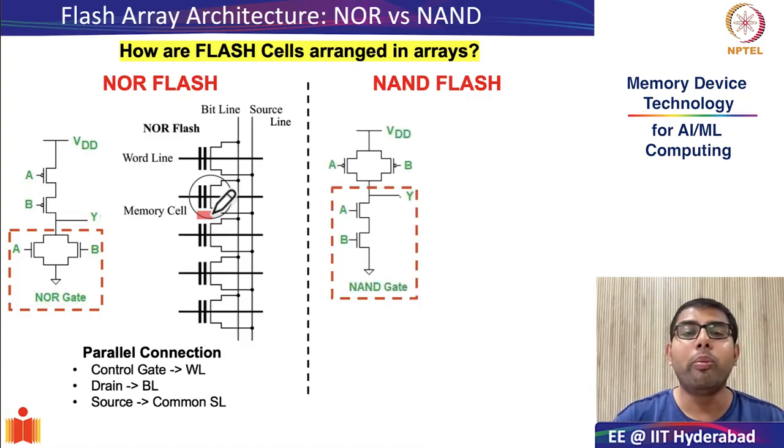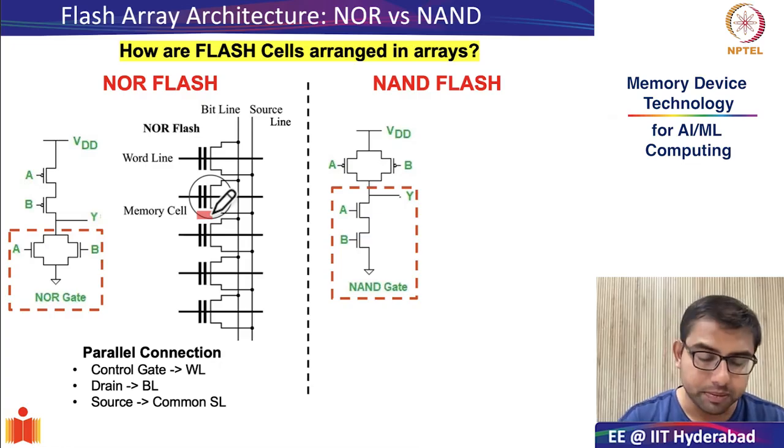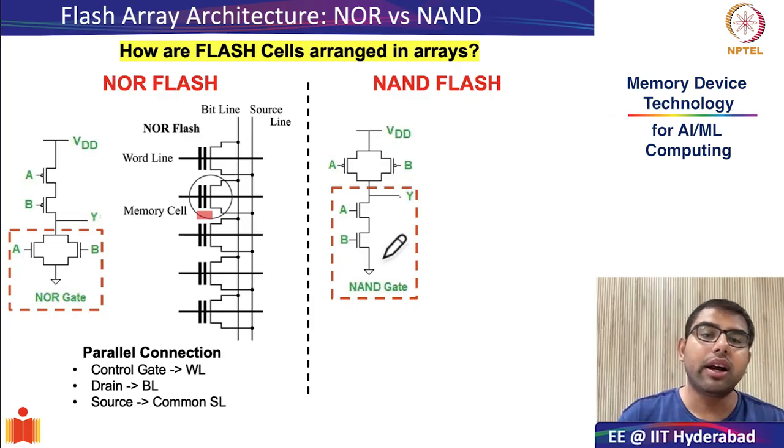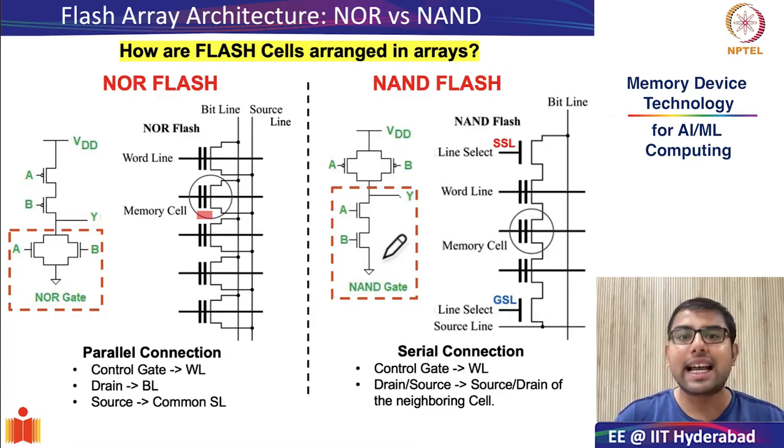And as you may understand, the NAND flash cell's nomenclature comes from the pull down region of the NAND gate. The pull down region of the NAND gate is serial in nature. As you see, these two pull down transistors A and B are connected serially, and this is exactly what happens in the NAND flash cell as well.